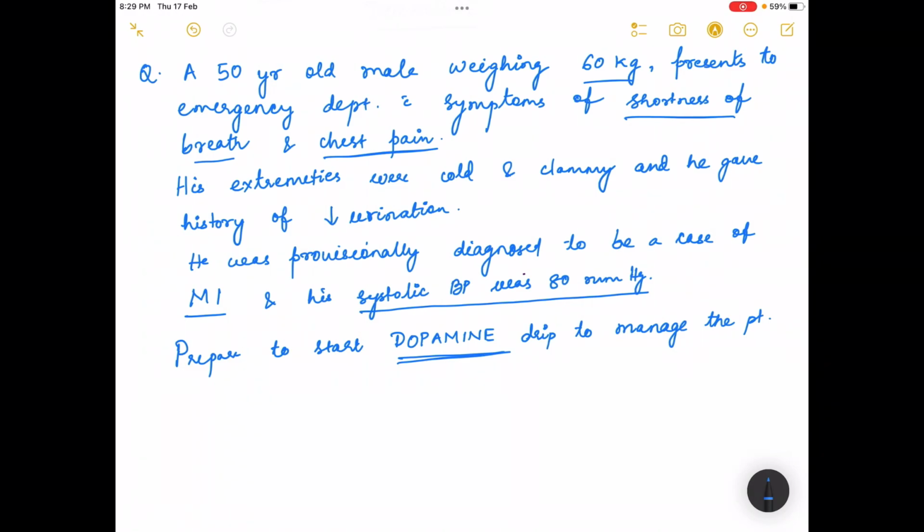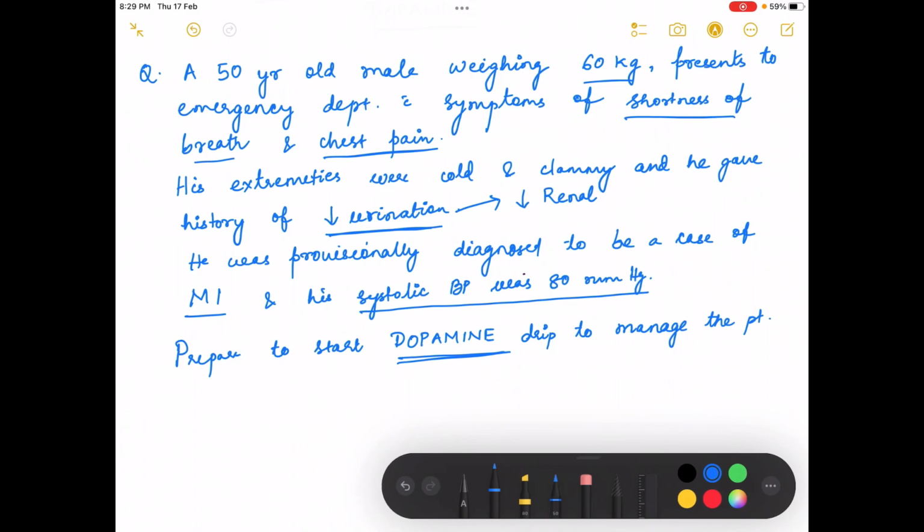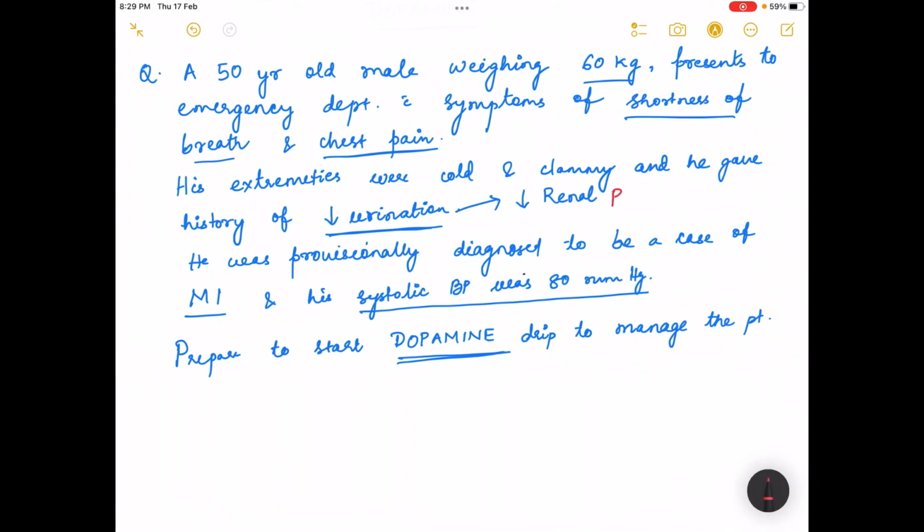So first things first, there is a history of decreased urination, which means there is decreased renal perfusion. Okay, there is decreased renal perfusion. And why do we give dopamine in this case?